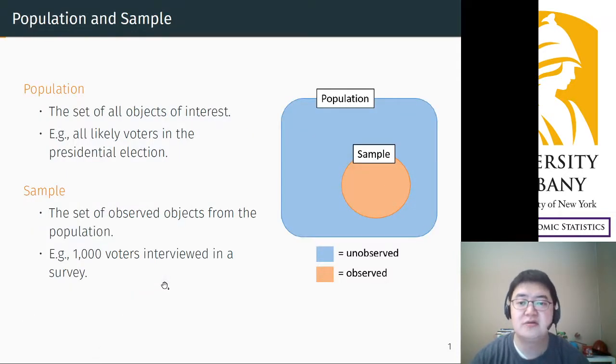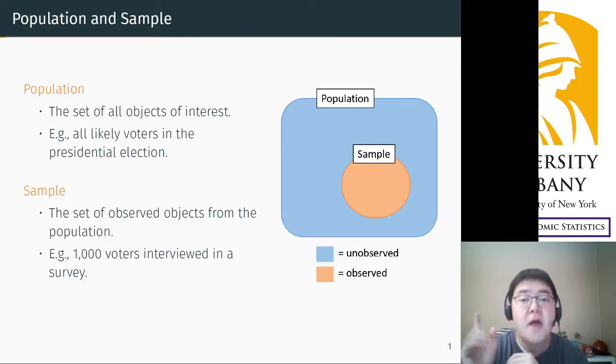The first thing you have to understand is the difference between population and sample. I mentioned these two in chapter 1, and at that time it was not that important. But from now on, these are the most important concepts you have to distinguish.